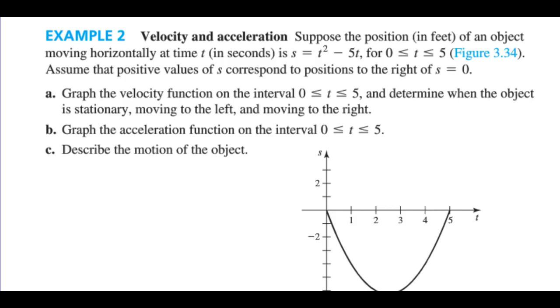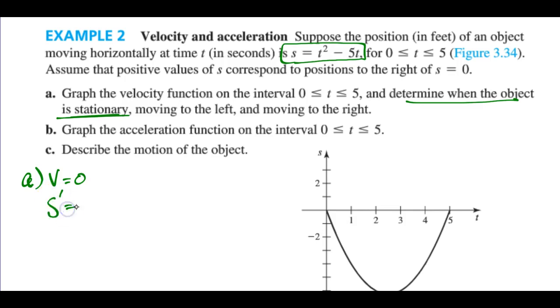Example number 2. So in example number 2, they gave us another function, and the first thing they say is determine when the object is stationary. Well, if the object is stationary, that's where the velocity is 0, and of course the velocity is the derivative.